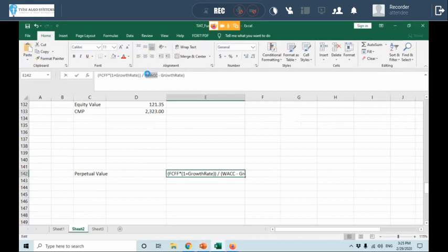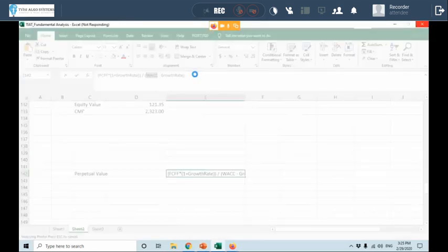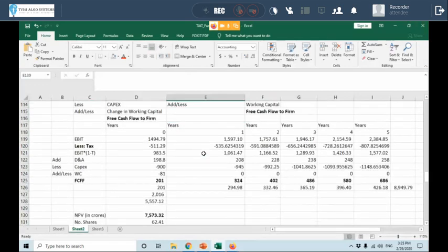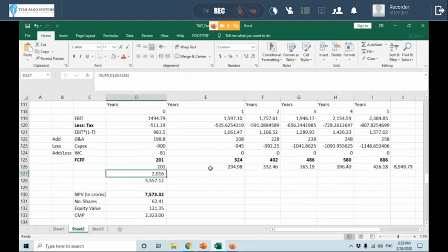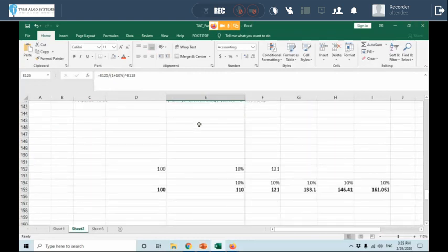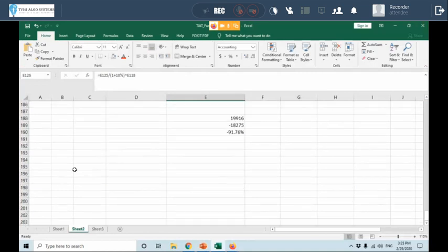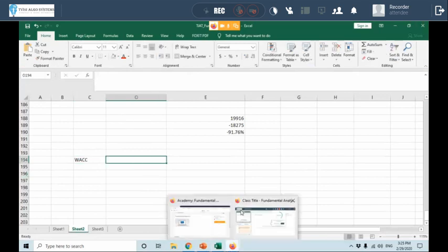This 10% that we decided is the cost of capital we assumed. Basically it is your expected rate of return.